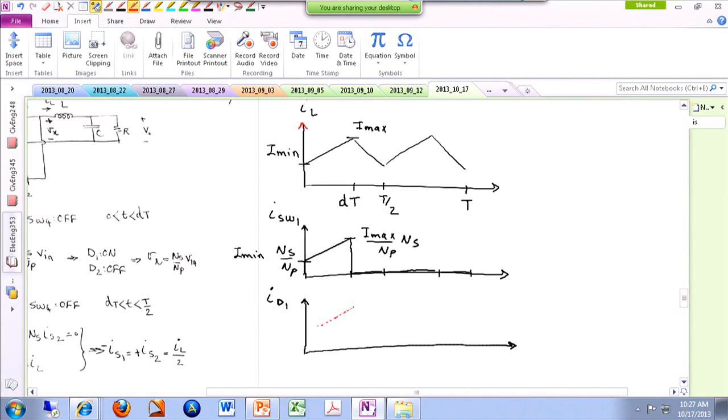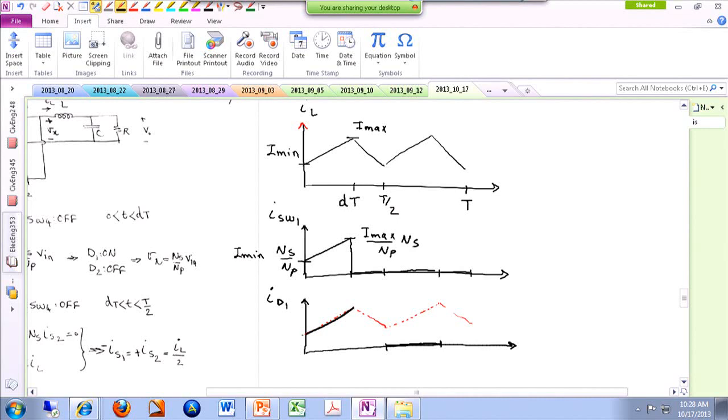So let's say we already have IL, something like this, and from this IL I'm trying to plot the current of the diode. First of all, we just analyzed this: in the third mode, this diode was off, so no current in the third mode. In the first mode, D1 was the one that is on, and it was conducting the inductor current, so it's following this.